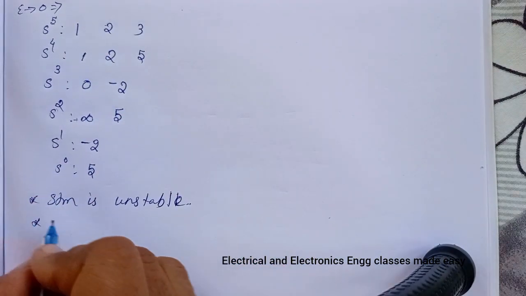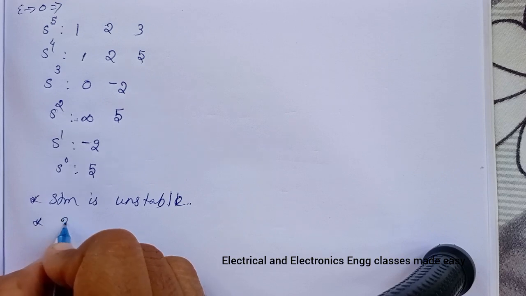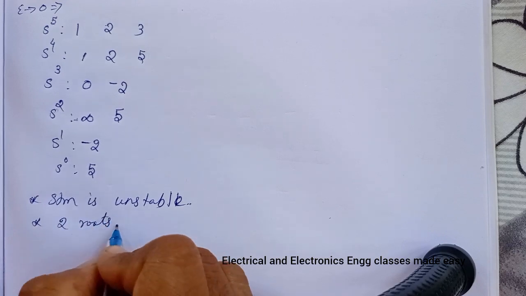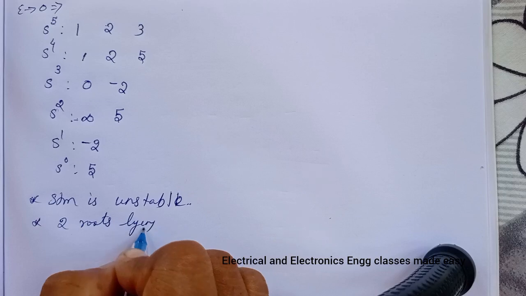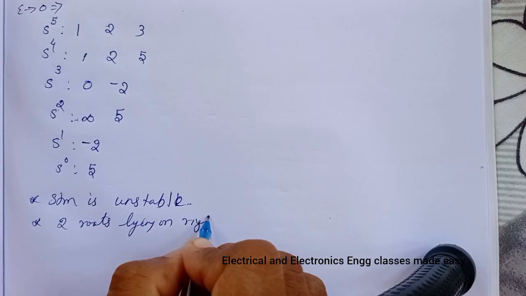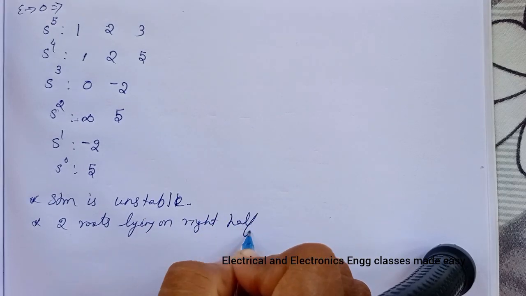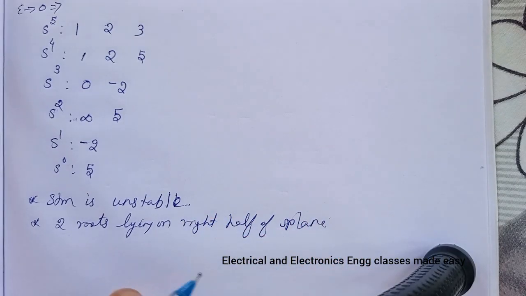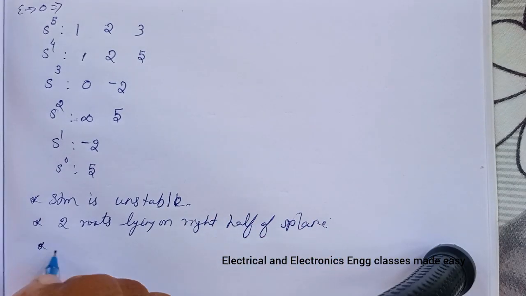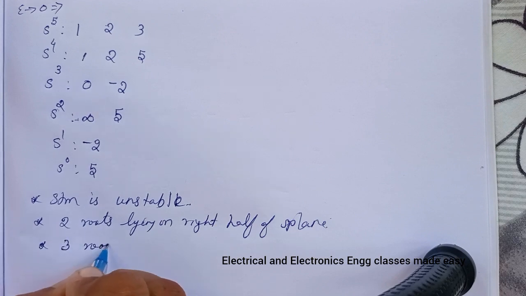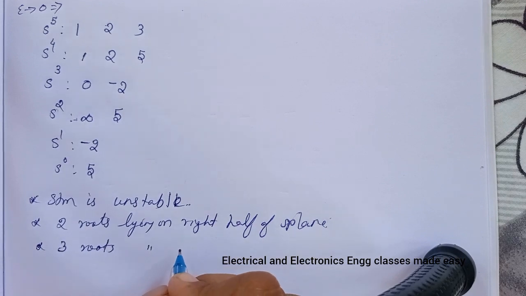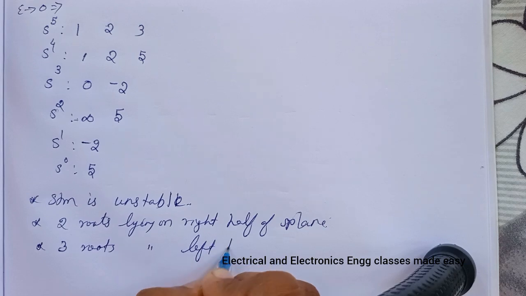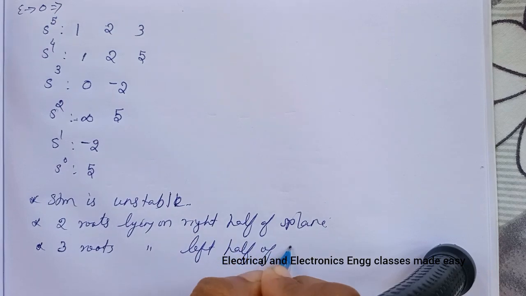So two sign changes means two roots lying on the right half of S plane, and the total number of roots is 5. So the remaining 3 roots are lying on the left half of S plane.